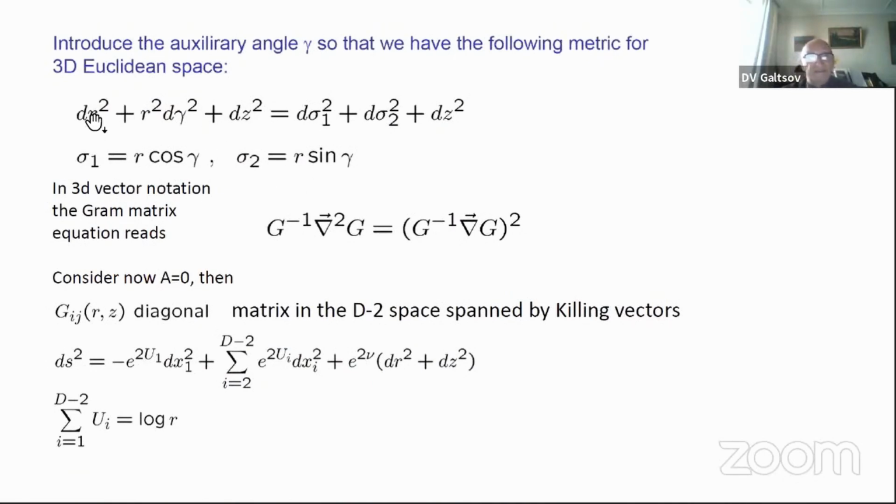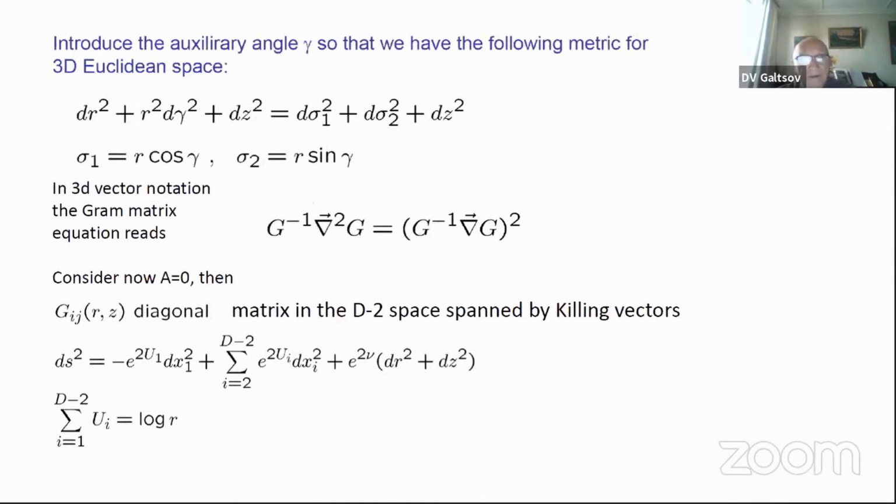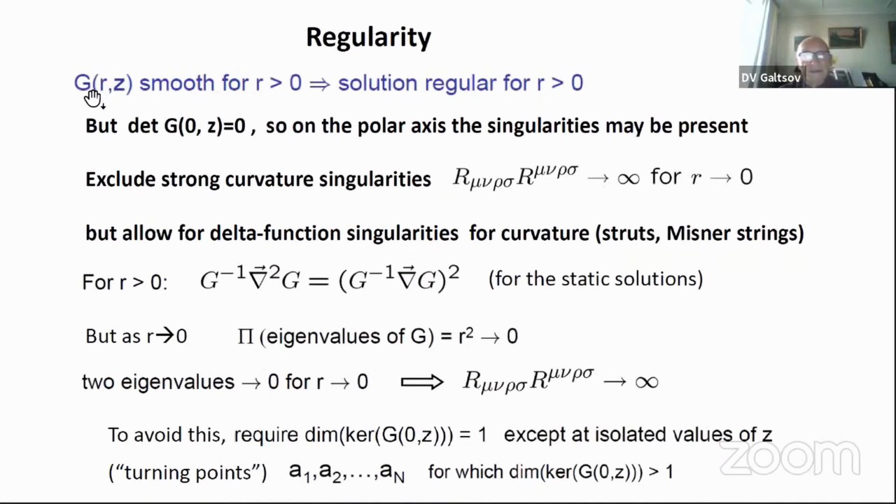You can introduce a 3-dimensional Euclidean space, and then the function G. G is a d-2 dimensional conformal metric for the case of d-2 Killing vectors. So these are the components of this matrix G along the Killing directions of the whole spacetime metric.